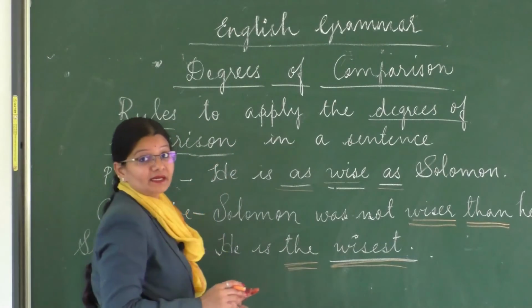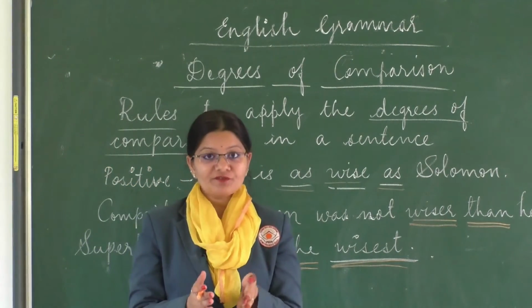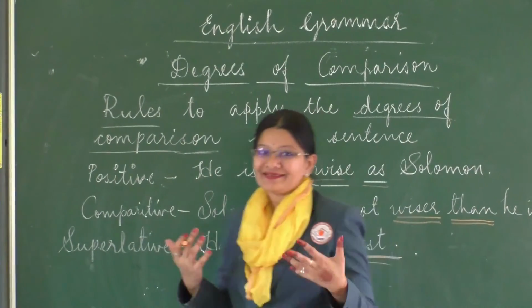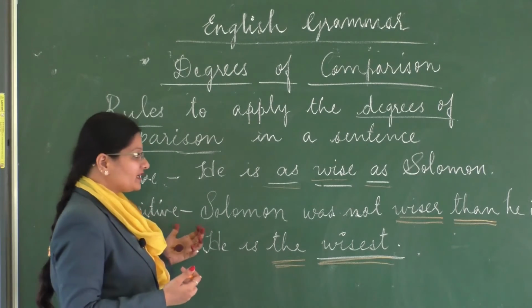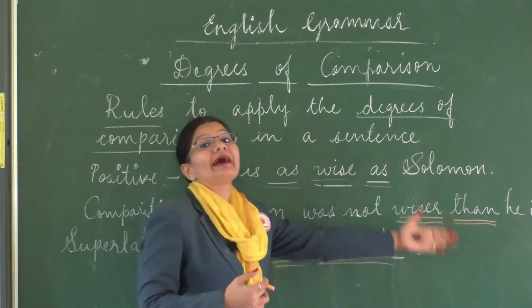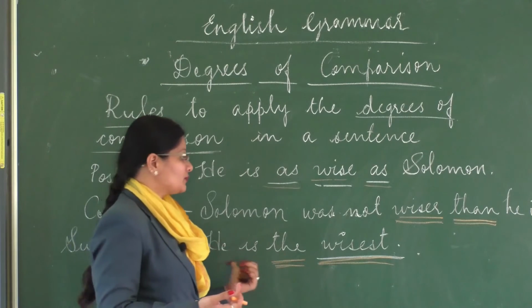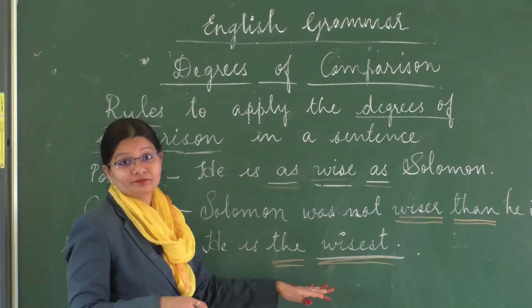So please keep in mind that whenever you are writing a positive adjective in a sentence, you will use as, wise as, and then if you use comparative degree, it will be wiser than, and then if it is a superlative degree, it will be the wisest, I'm sorry.